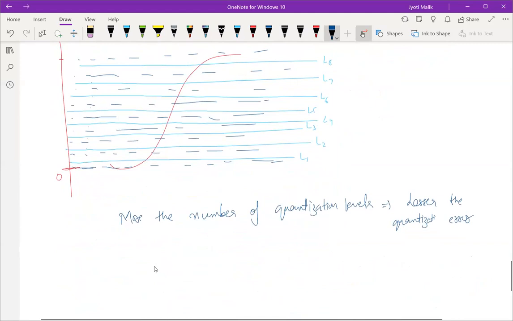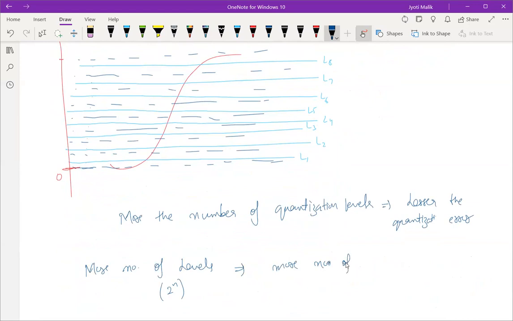More the number of levels, more the bits. More number of levels, which is 2 power n, implies more number of bits, which is n, are required to encode them.